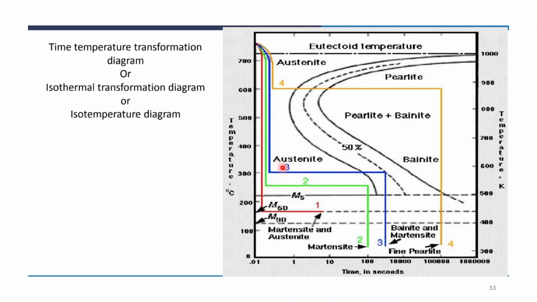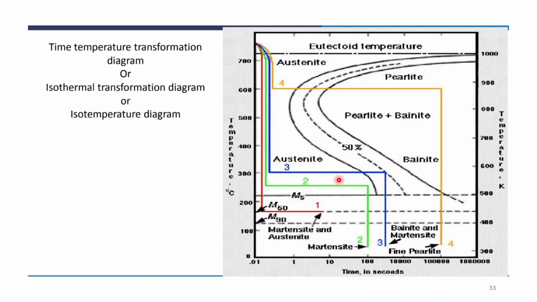Then this part is the austenite. Below this temperature you are getting metastable austenite. This austenite will convert here into 50% bainite, and then the remaining will convert into martensite, because you haven't given sufficient time for conversion of the entire bainite. So 50% bainite is converted and the remaining metastable austenite will convert into martensite.